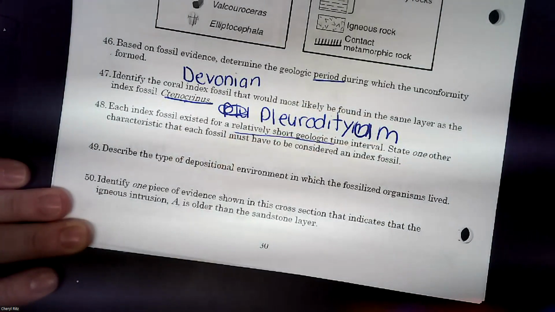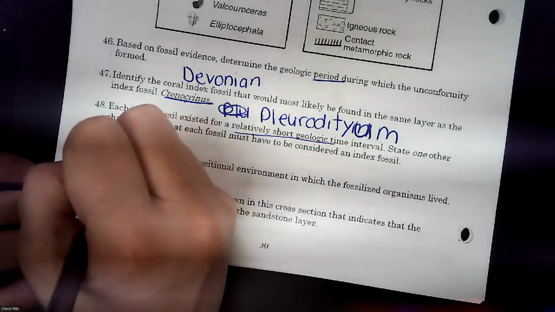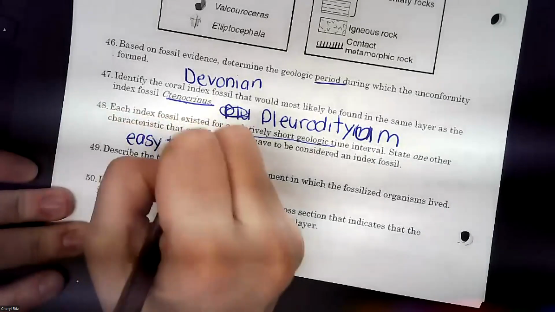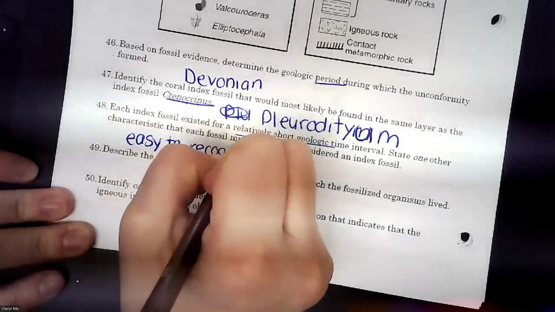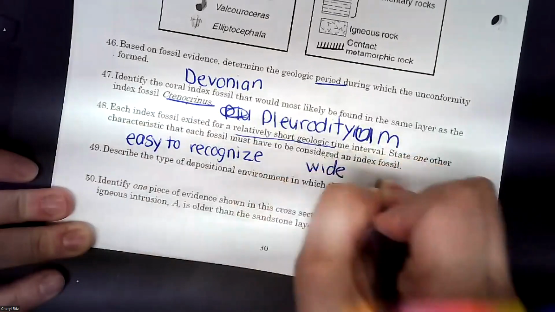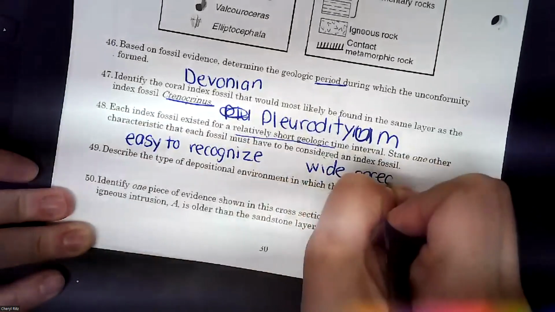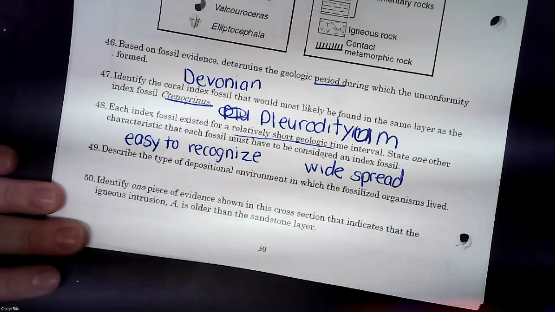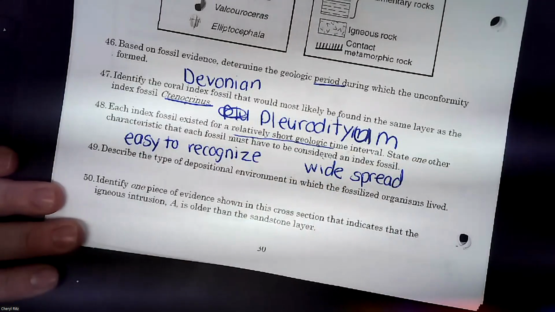So what are the other two characteristics? Yep, you could have said easy to recognize or widespread. You only needed one of them. But again, you couldn't use short-lived. That's how they messed with you.